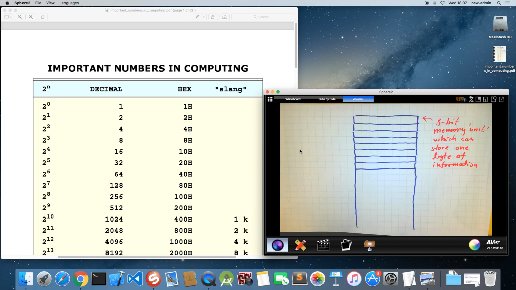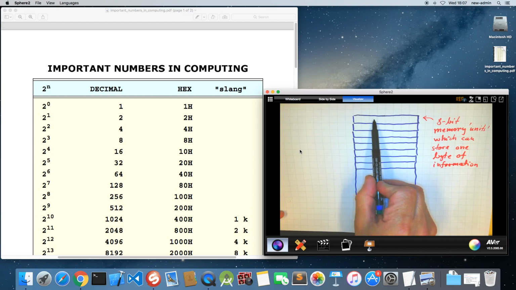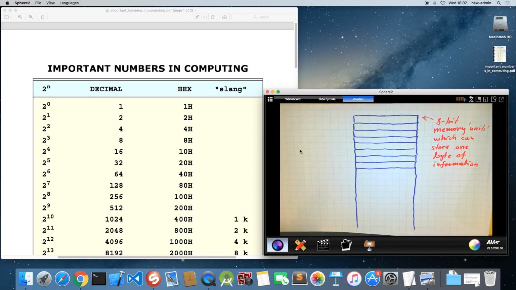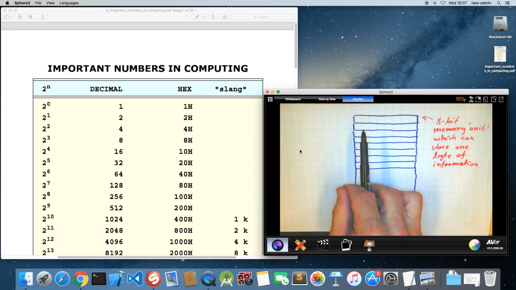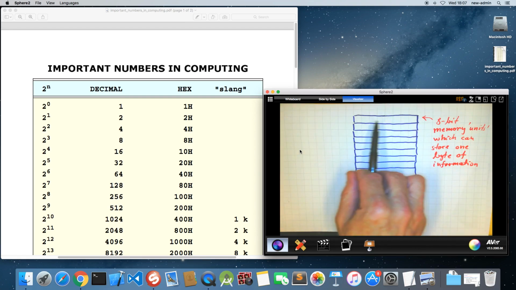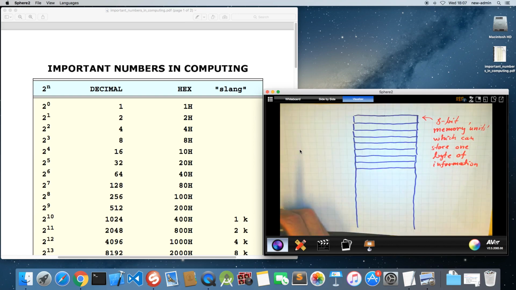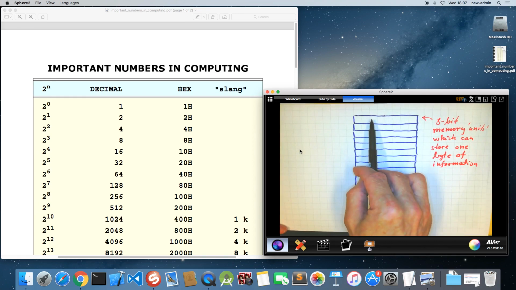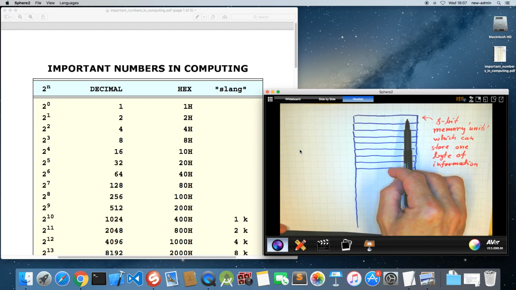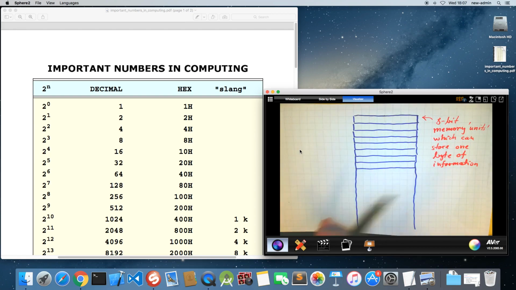So you can think that the main memory of your computer looks like this. In this drawing, in each of these memory cells, there are 1, 2, 3, 4, 5, 6, 7, 8. In each of these memory units, we can store a binary number that has a maximum of 8 digits, or we say 8 bits. So each of these cells can hold 1 bit of information, and it can be either 0 or 1.